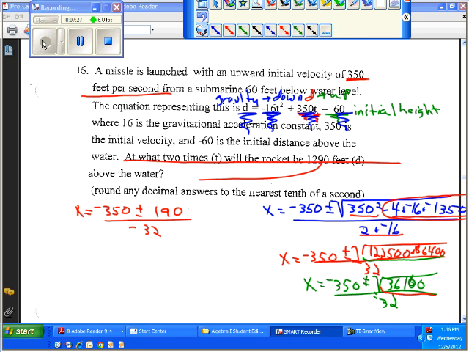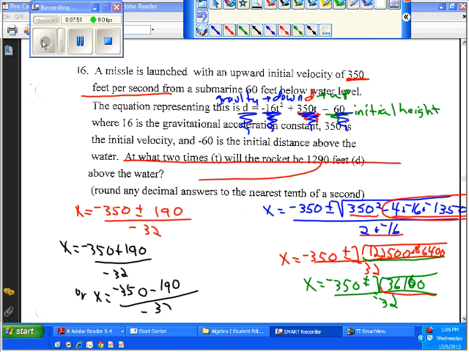So after you take the square root, that's where you do the plus or minus, right? So we're going to have x equal negative 350 plus 190 over negative 32, or x is equal to negative 350 minus 190 over negative 32.